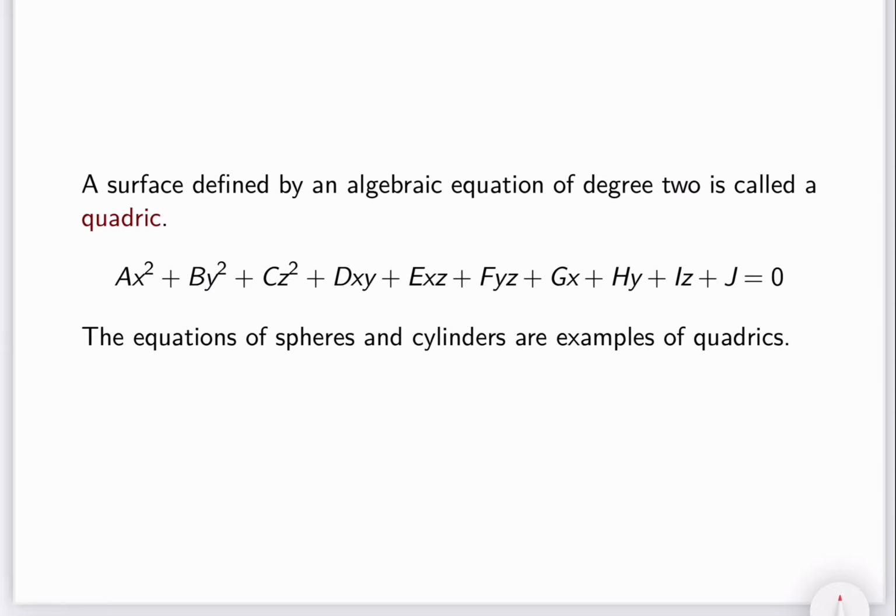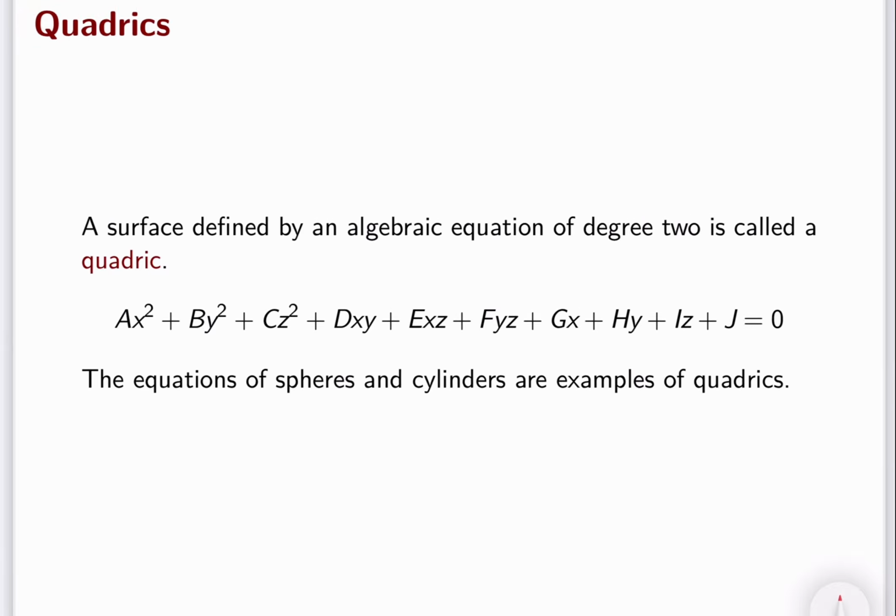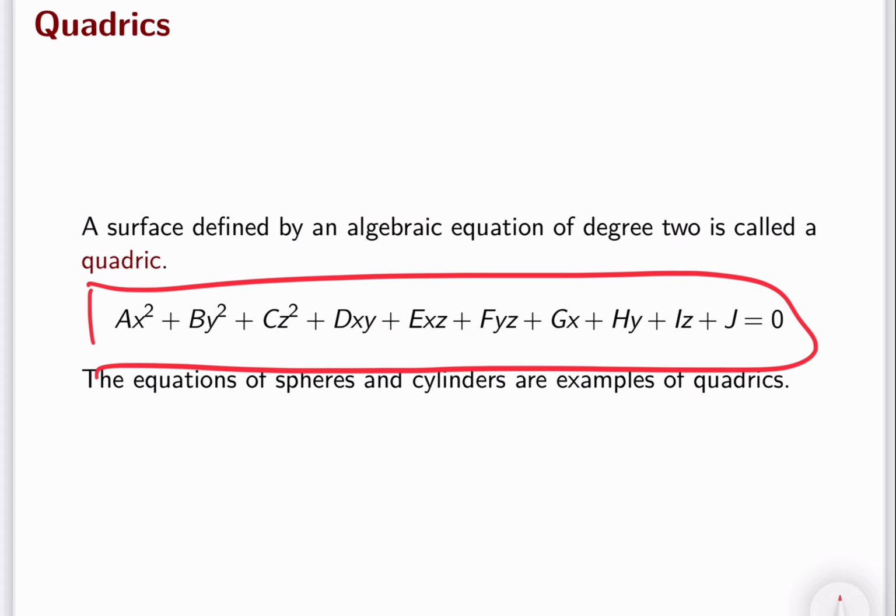And in general, a surface defined by an algebraic equation of degree 2 will be called a quadric. So in this equation that we have written here, the variables are to degree 2, and all the things that appear here are degree 2, and eventually degree 1 and degree 0.